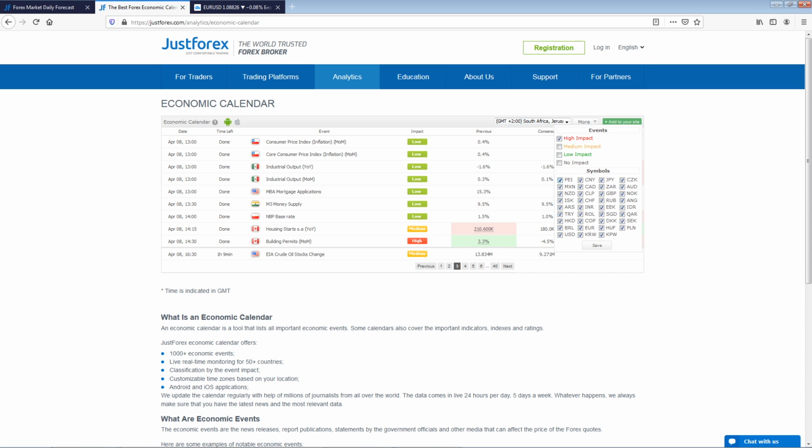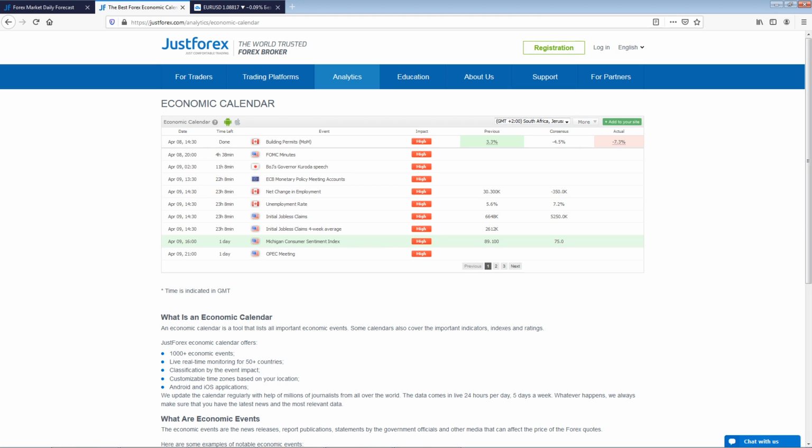And let's only check the major currencies, simply for us to have the best opportunities and to work with, let's say, the most popular pairs and with the strongest news that probably will give us a good outcome.